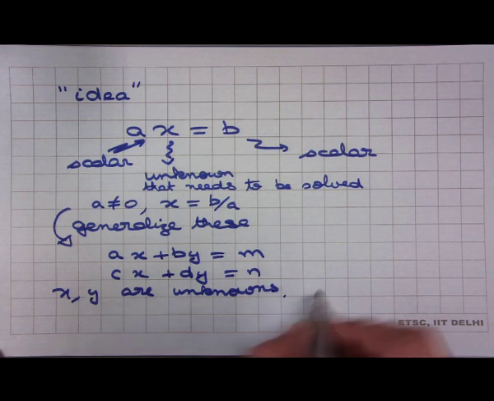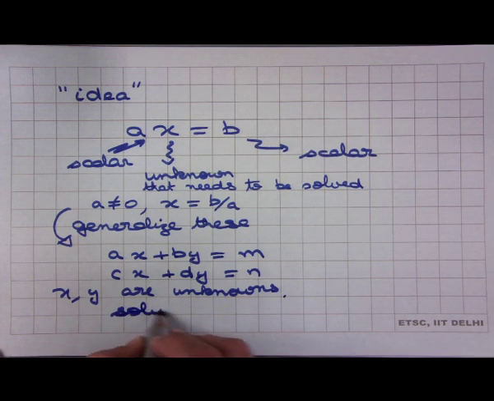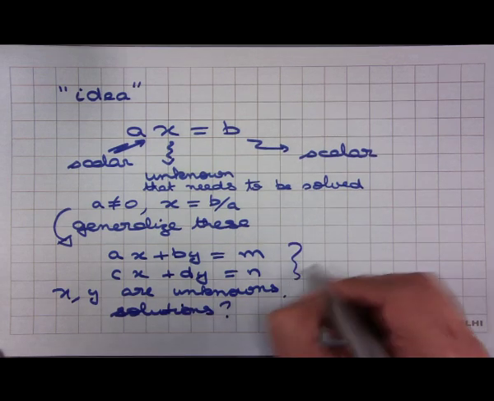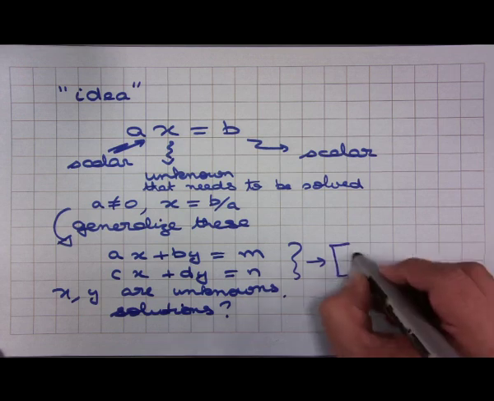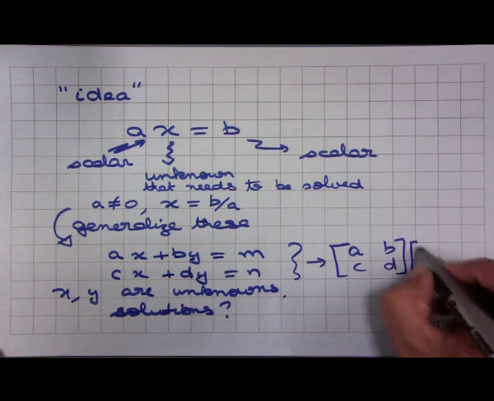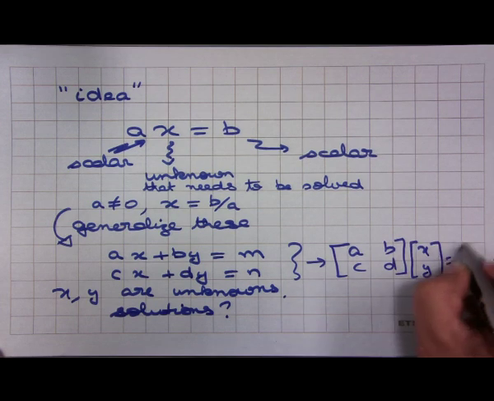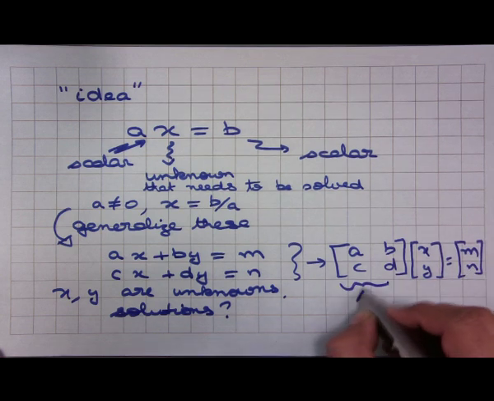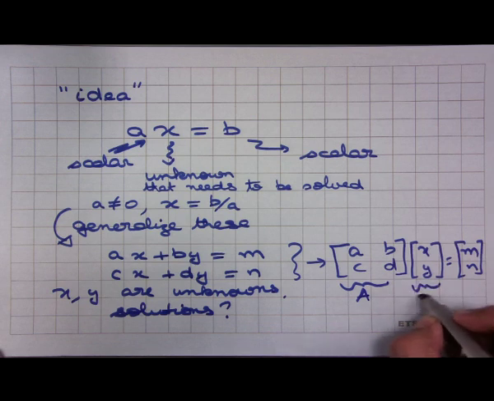How will we find the solutions of this? And we know that we can write this down in a matrix representation: the matrix with entries a, b, c, d, then x, y, and then m and n. So, this plays the role of an A matrix. This is an unknown vector.